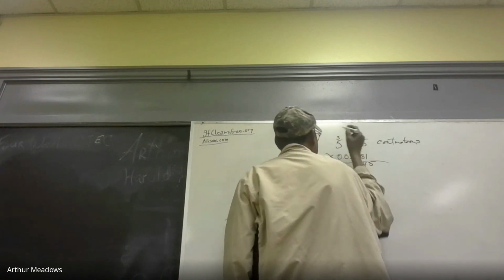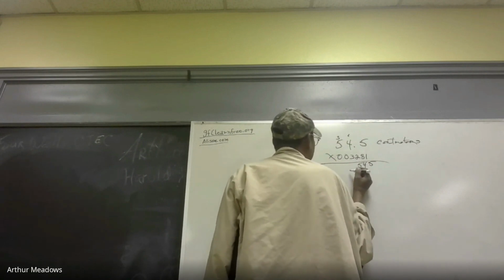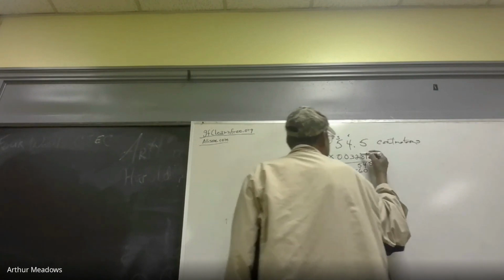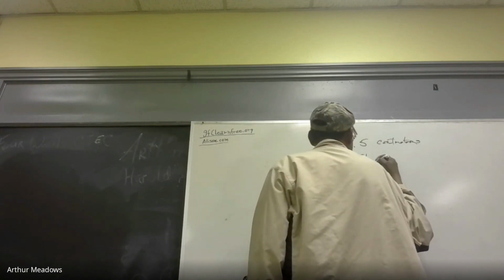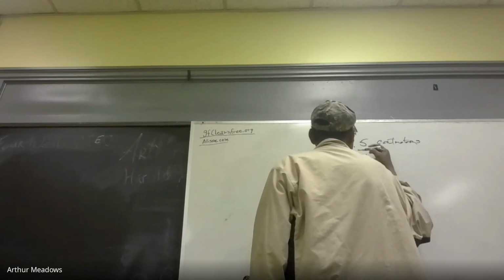That gives us 3 there. 8 times 5 is what? 40, plus that 3, that's 43. So we keep everything in line, gentlemen. Everything is in line.